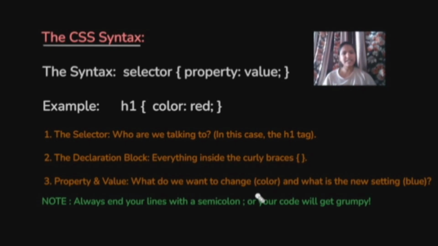So the property is color, and the color I assign, red or blue, is the value. Note: always end your line with a semicolon or your code will get jumpy. After the value is assigned, we write the semicolon. So basically this is the CSS syntax.